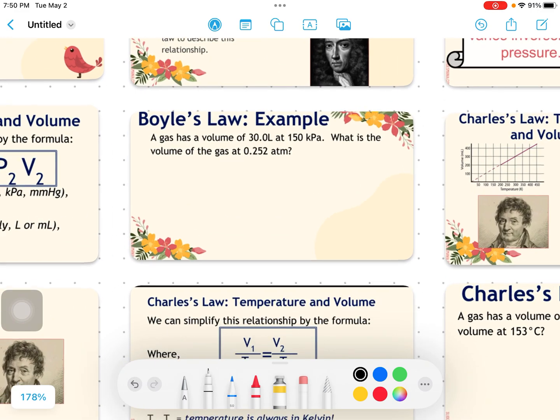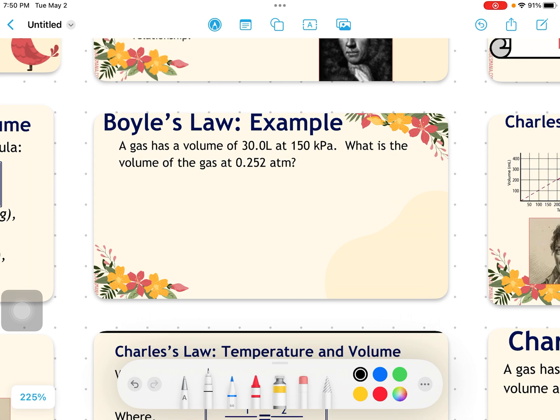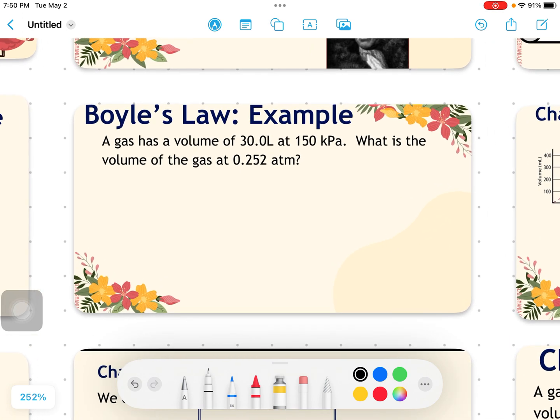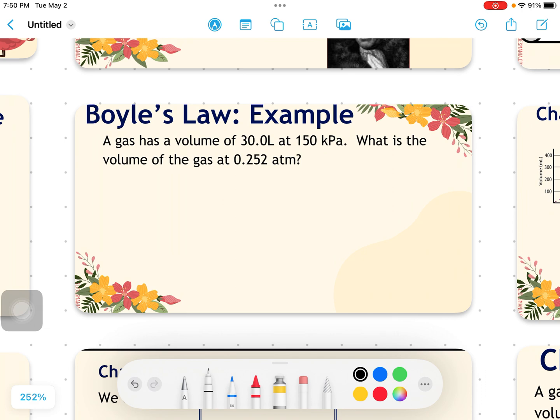So if we go into our first problem here: a gas has a volume of 30.0 liters at 150 kPa. What is the volume of a gas at 0.252 atm? The first thing I like to do when I solve these problems is list out my variables for Boyle's law, which is P1, V1, P2, V2, just so I know what I'm missing and what I have. So I look at my problem.